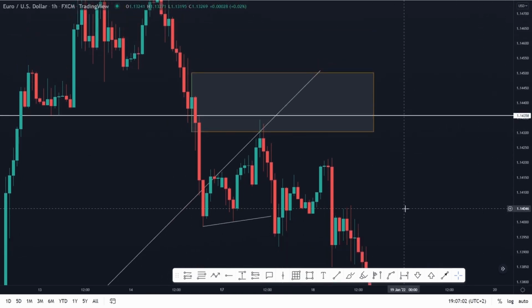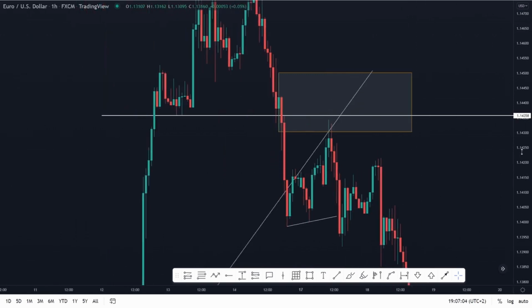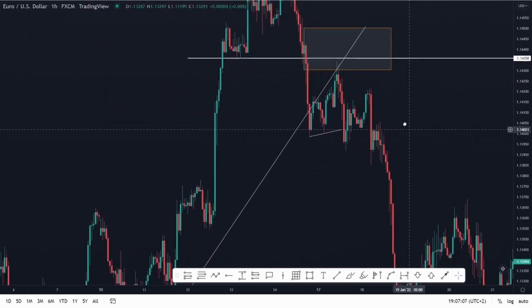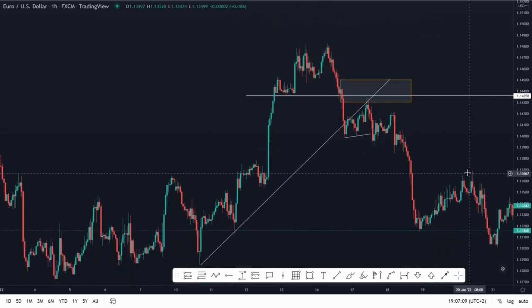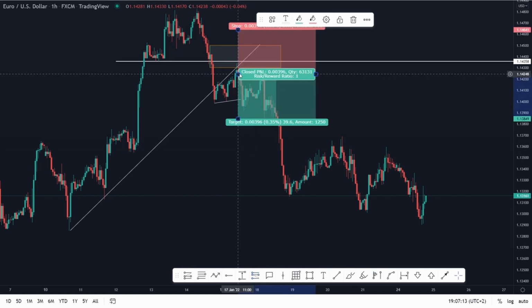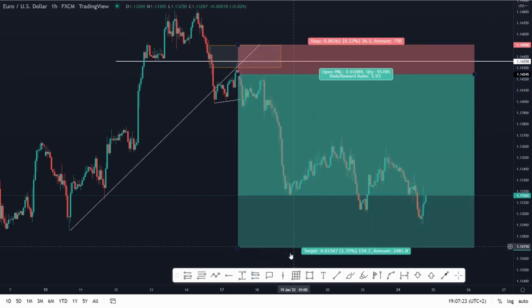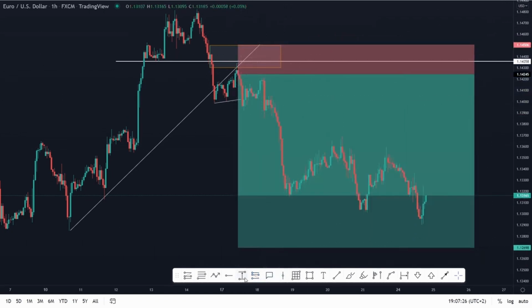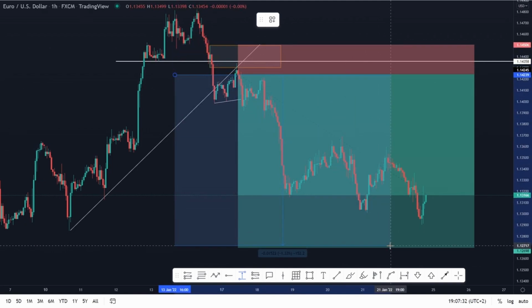So as I said, you might miss trades because of those kinds of things. As you can see from here, the market pushed lower. This is your sell. You can see that your stop loss is very low, 29 pips, targeting 50 pips.